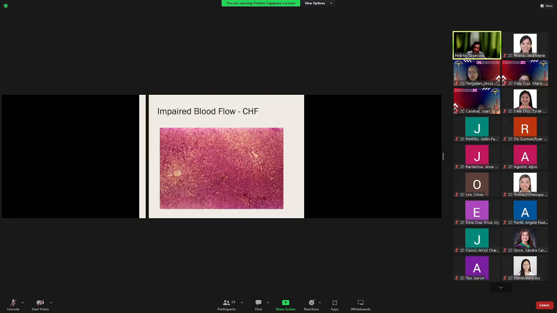The blood flow and oxygenation of the liver is also unique. The oxygenated blood flows from the hepatic artery through the sinusoids here, then reaches the central vein here, going back to the circulation to be oxygenated again.